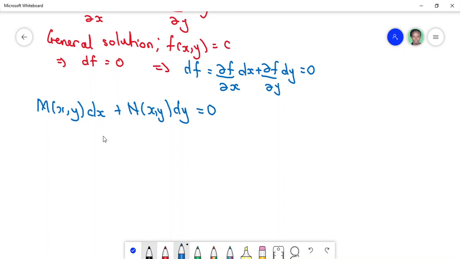So if I compare to the differential form, you realize that this is equal to that, and this is also equal to this.